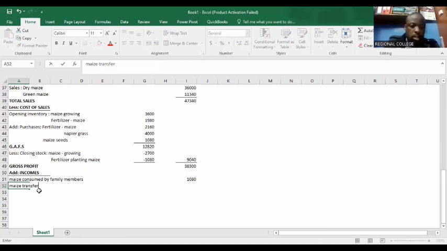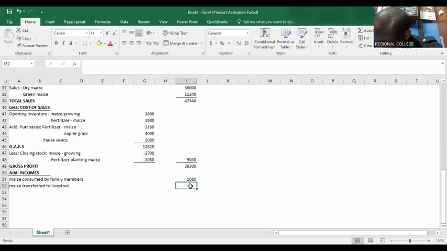Whatever they transfer to livestock is like they are selling to the livestock. They transferred 1,500. And that is the only information given there.